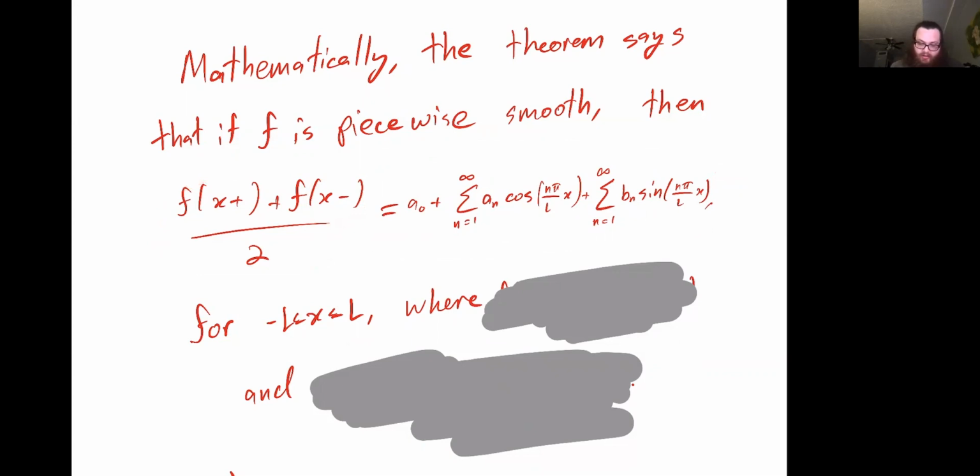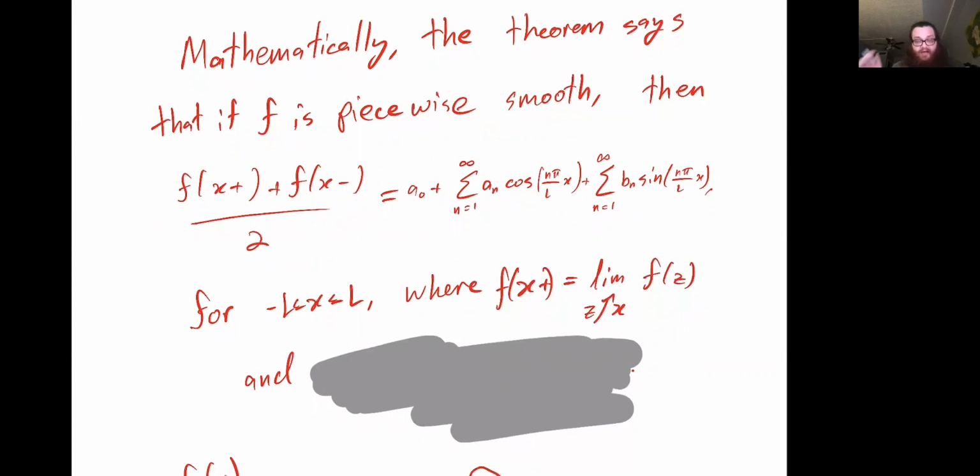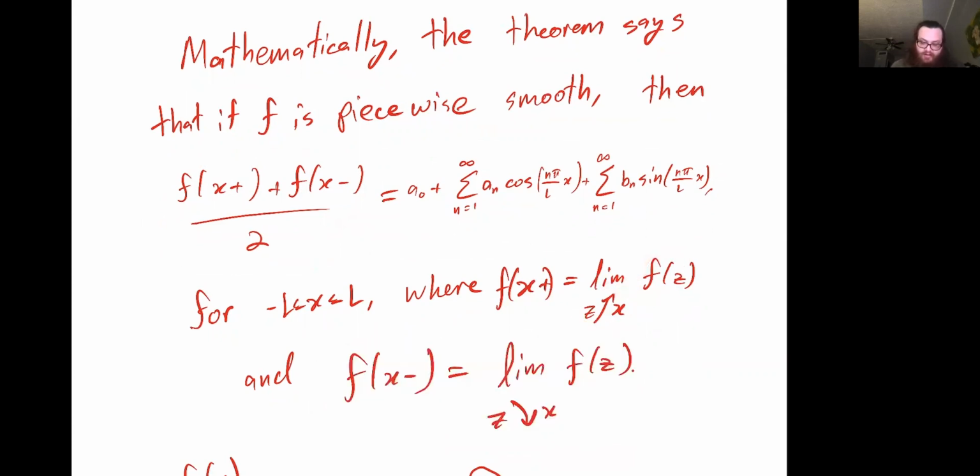where what are these things written out? So f of x plus is the limit of f from the left. F of x minus is the limit of f from the right as z decreases down to x. Okay.